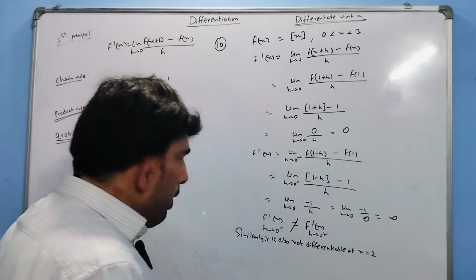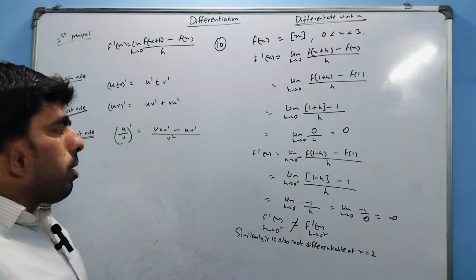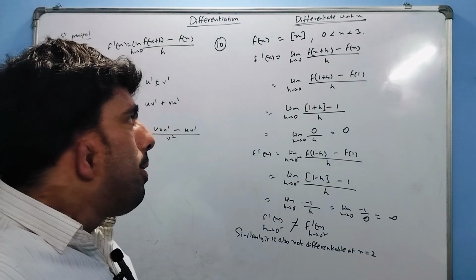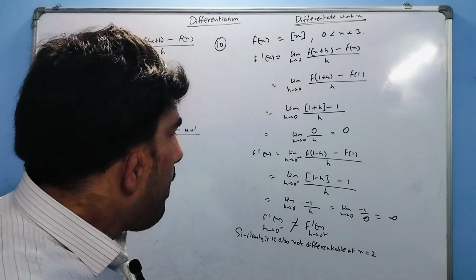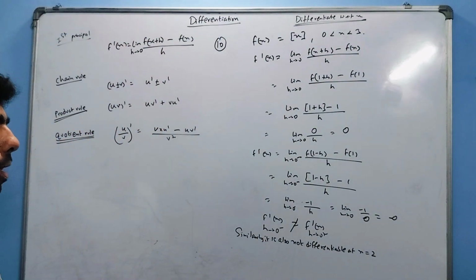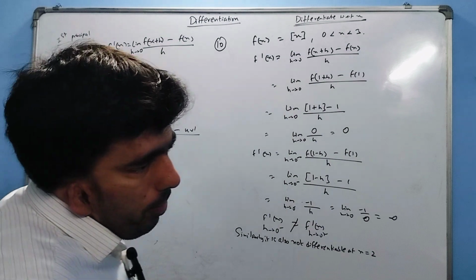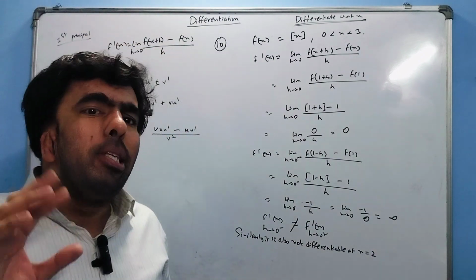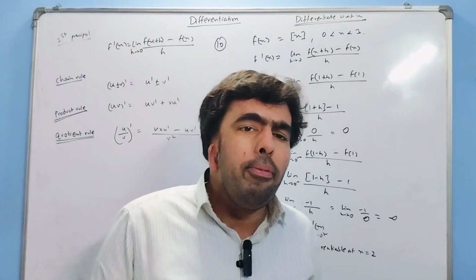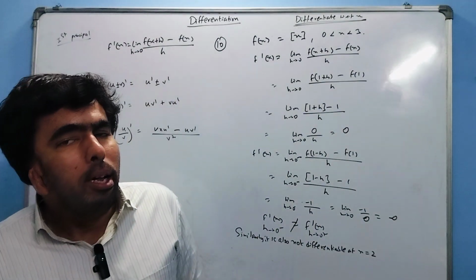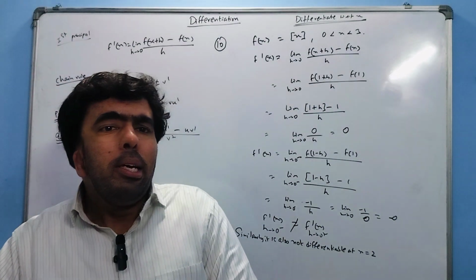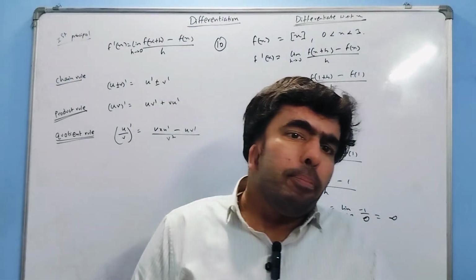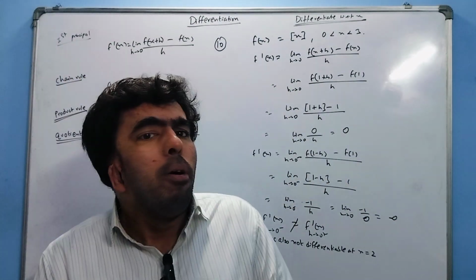Okay, so this is how we are able to find whether a function is differentiable at a given value or not, by checking its LHL limit and RHL limit. If both are equal, then the function is differentiable, or if not, then we will say that the function is not differentiable. Okay, so that is how we try to find the differentiability of any function.